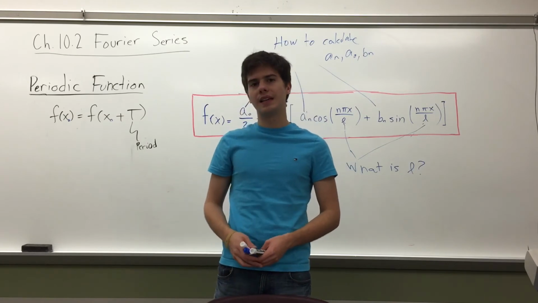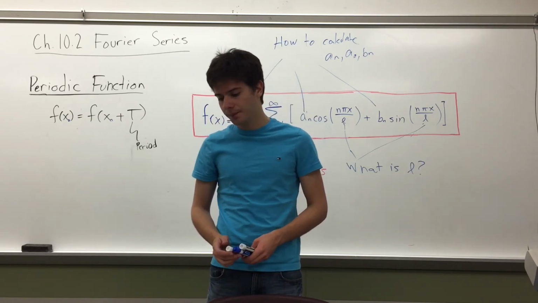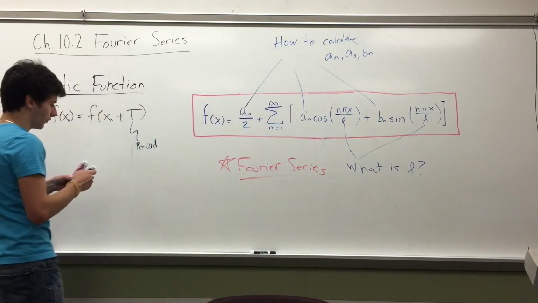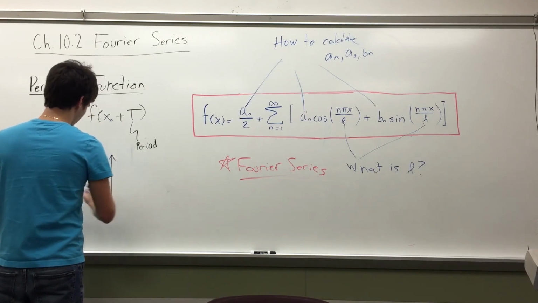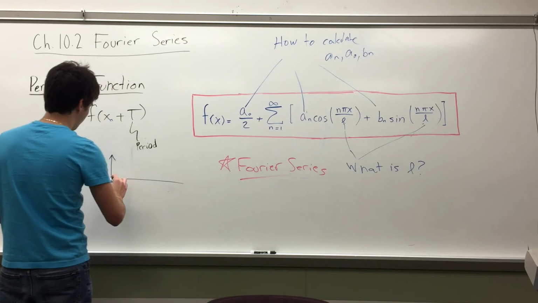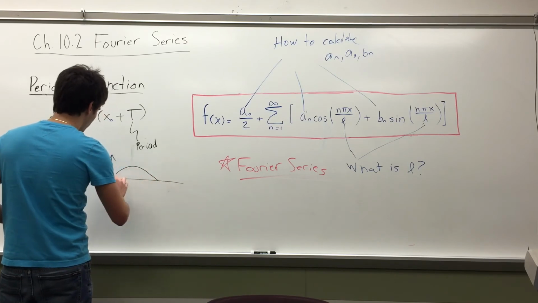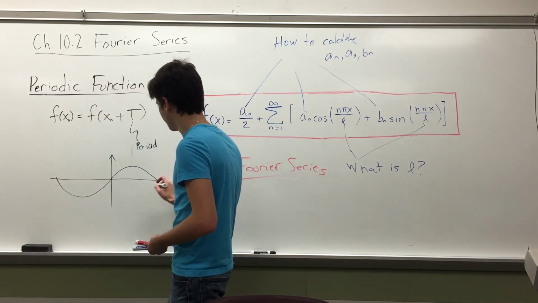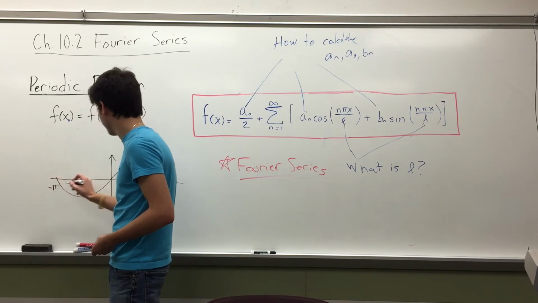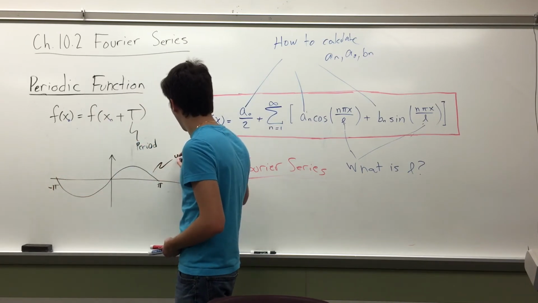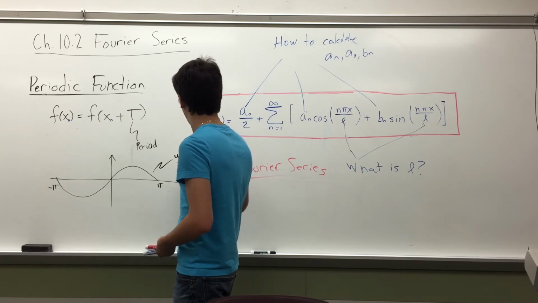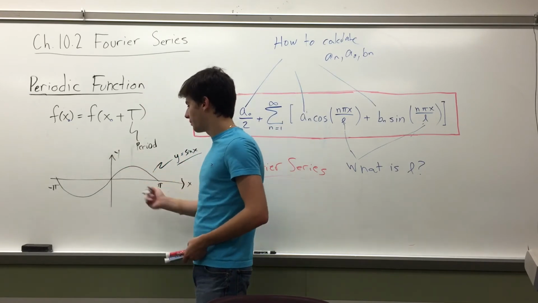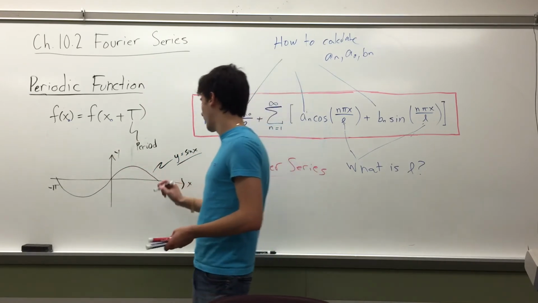So a way to visualize that L is generally going to be the period over 2 is that we're going to construct the function in the following way. Let's consider the same graph, sine of x, but let's consider it on an interval negative pi to pi. So this is the same function, y is equal to sine of x, and we're going to consider it on an interval negative pi to pi. So what is the period of this function?